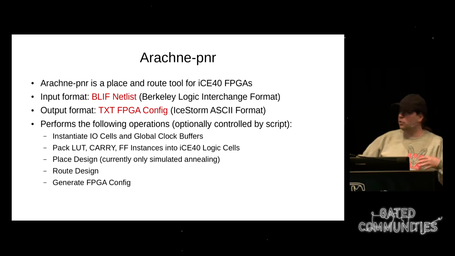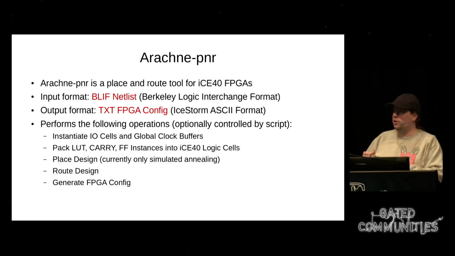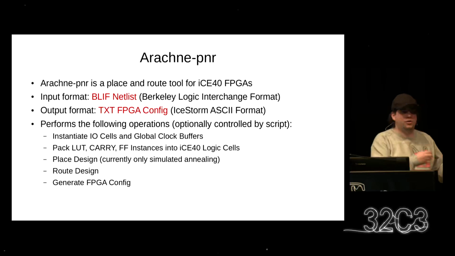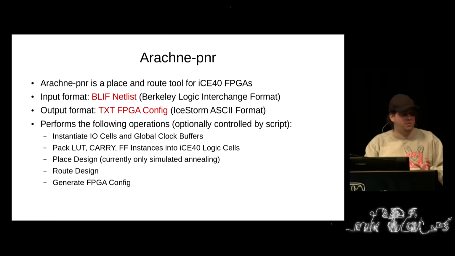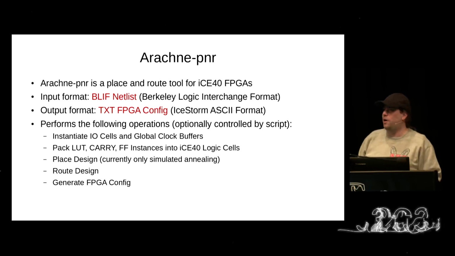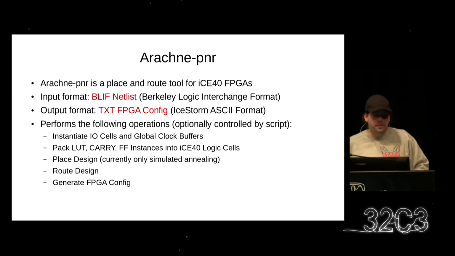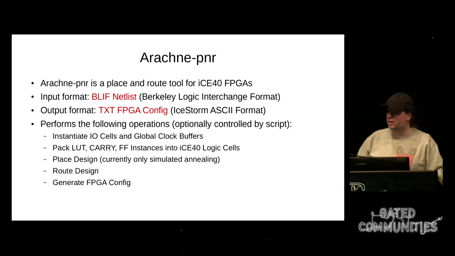It packs LUTs and carry logic and flip-flop instances into iCE40 logic cells, because the architecture netlist has individual lookup tables and carry logic blocks and flip-flops, and we need to figure out how we can fit them into these logic cells. Then we place the design.